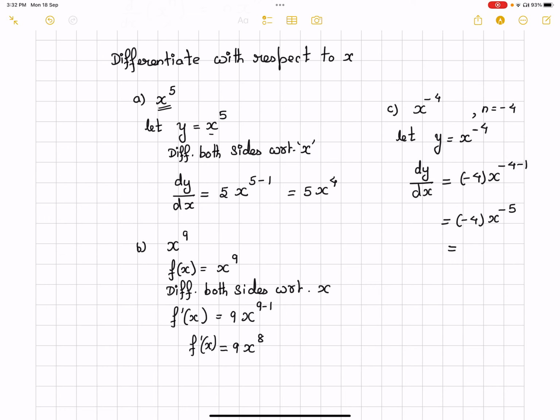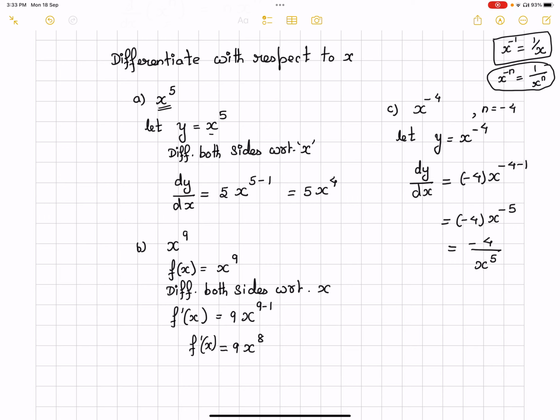So I can write it as minus 4 divided by x raised to the power of 5. When a term with a negative power moves to the denominator, it becomes a positive power. It is like x to the power minus 1 is equal to 1 by x. So in general, x raised to the power minus n means 1 by x to the power n. This is going to be my general formula for this.